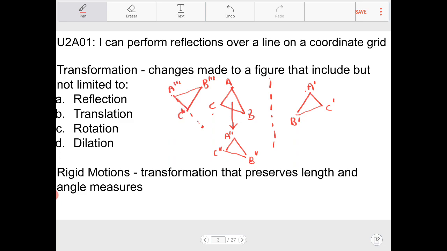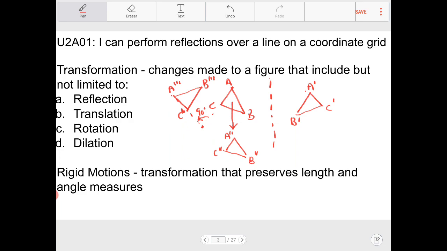If I take that triangle and rotate it 90 degrees in this direction here, has all the lengths on that triangle changed at all? Absolutely not. That triangle has not changed. The orientation of it has changed. However, the lengths and the angle measures within that triangle have not changed.